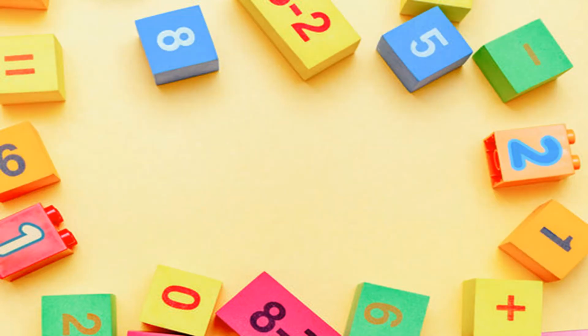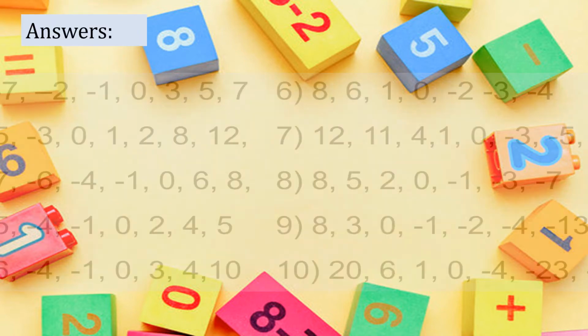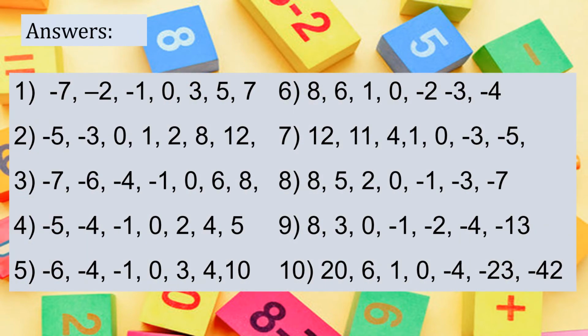Okay, so now let us see the answers. Number 1, negative 7, negative 2, negative 1, 0, 3, 5, 7. Number 2, negative 5, negative 3, 0, 1, 2, 8, 12. Number 3, negative 7, negative 6, negative 4, negative 1, 0, 6, 8.